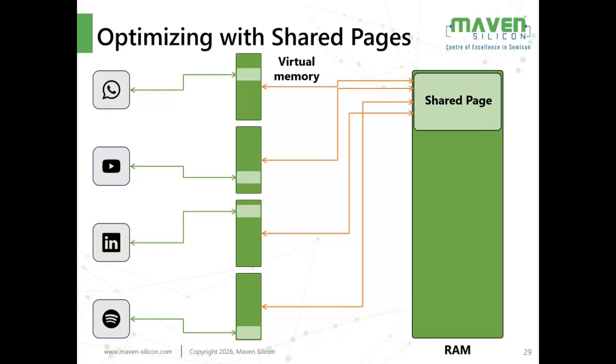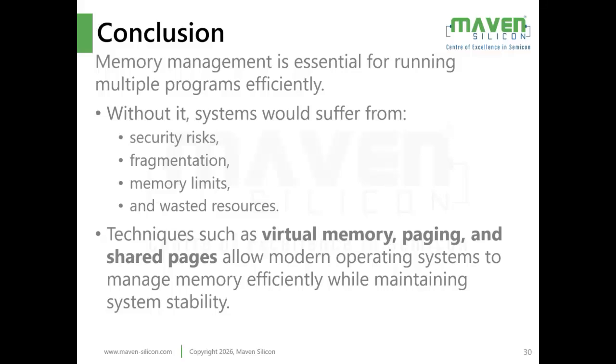So, the conclusion with regards to memory management is that it is a core responsibility of the operating system. It ensures that multiple programs can run efficiently, safely, and simultaneously while sharing the same physical memory. Without proper management, systems would face several serious problems such as security risk, external fragmentation, physical memory limits, and wasted resources.